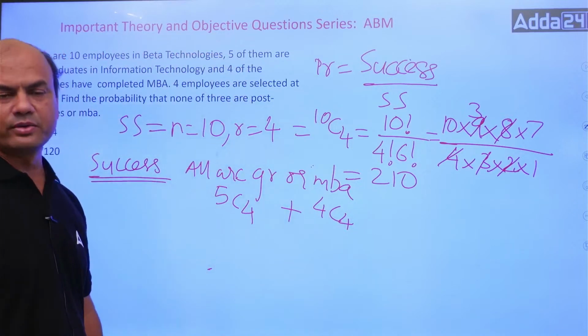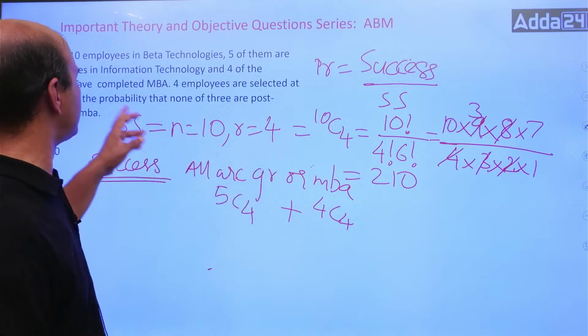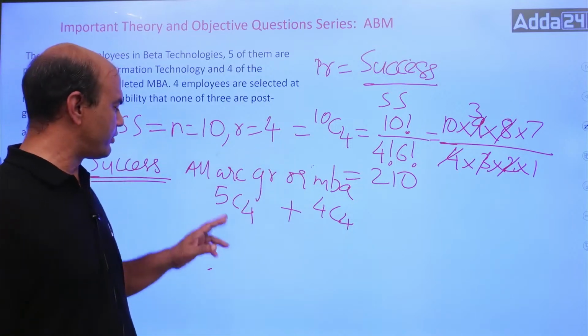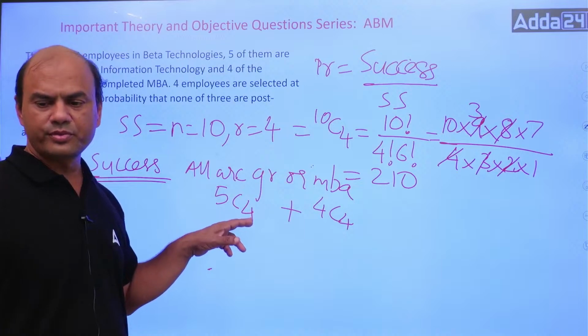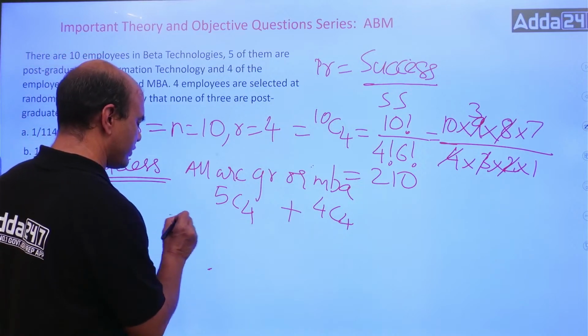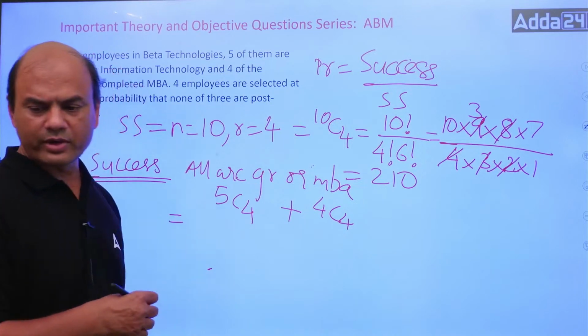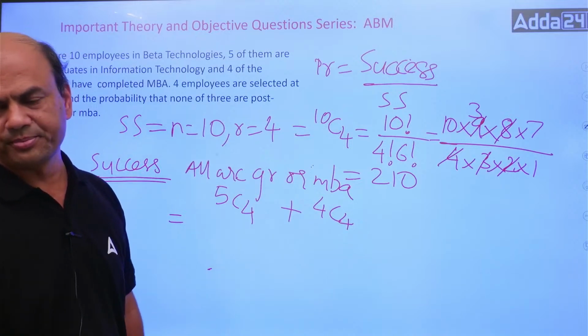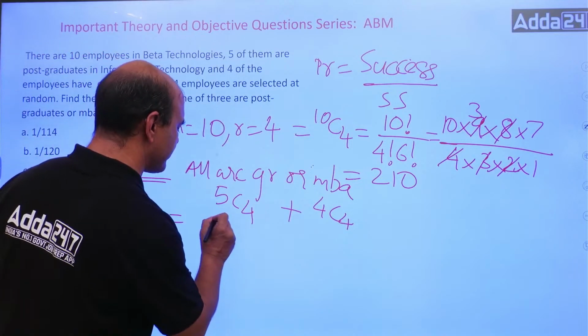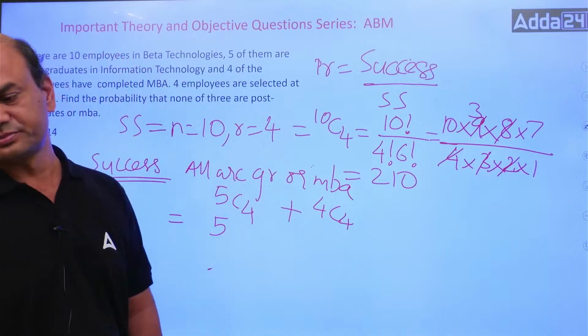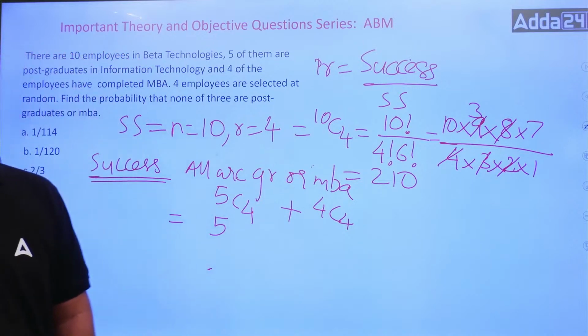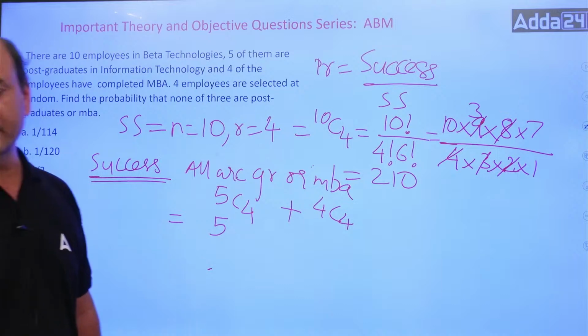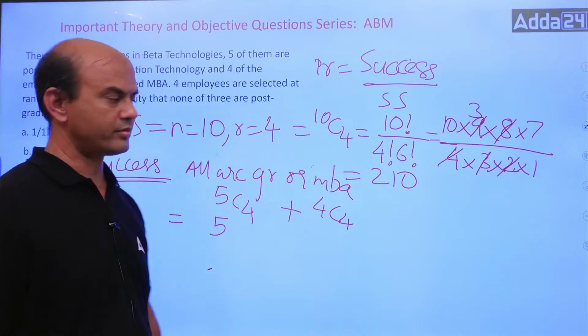What is 5C4? Just as simple as the earlier one. 5 factorial divided by 4 factorial into 1 factorial. So this answer will be simply 5. What is the next one? 4C4.